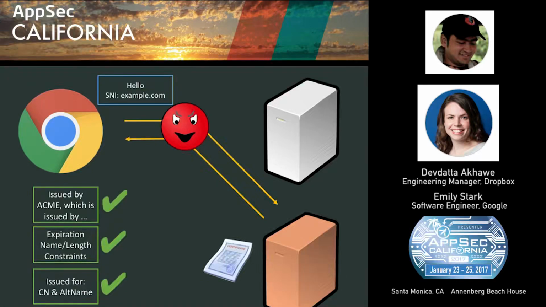The attacker provides a certificate proving that it is example.com. And the client goes through certificate verification checks, which come out showing that the attacker is example.com. In this basic TLS setup, we don't have any way to communicate to the browser that it shouldn't accept this certificate. From the browser's perspective, this attack certificate looks just like a legitimate certificate for example.com.